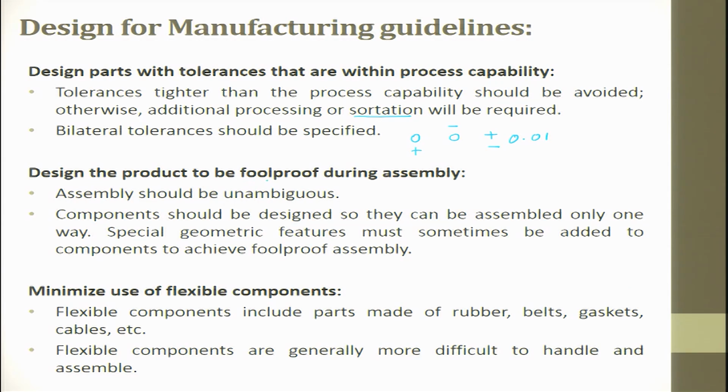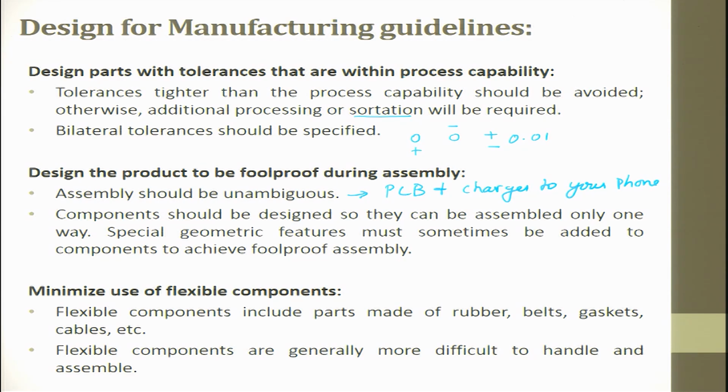Design the products to be foolproof during assembly. Assembly should be unambiguous. This you can see in your PCB or when you put your charger to your phone. The side which you have to plug in is very clear and you cannot make any mistake. So, this is nothing but design for assembly being taken care of.